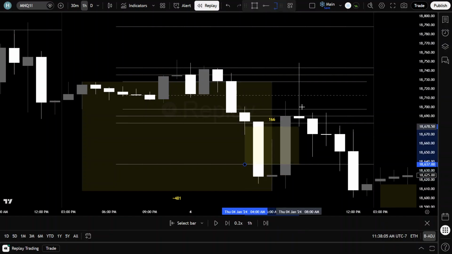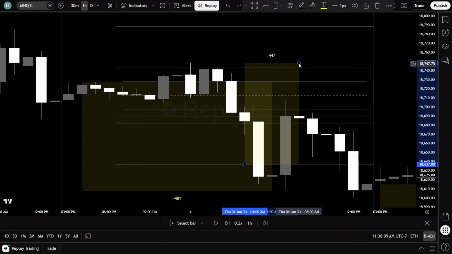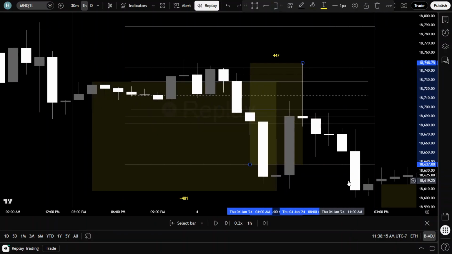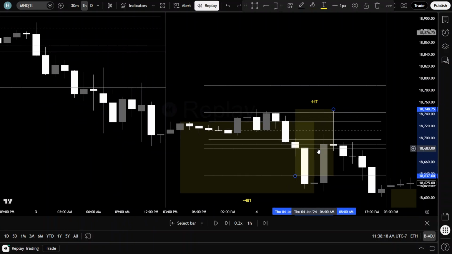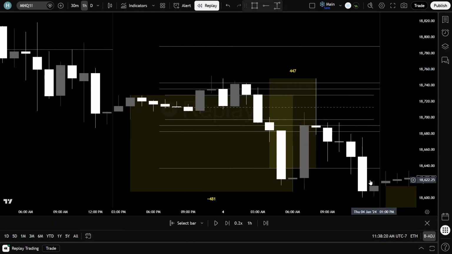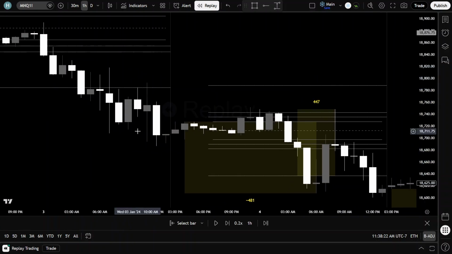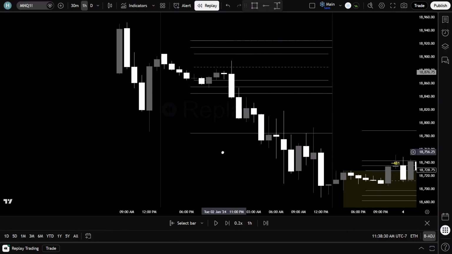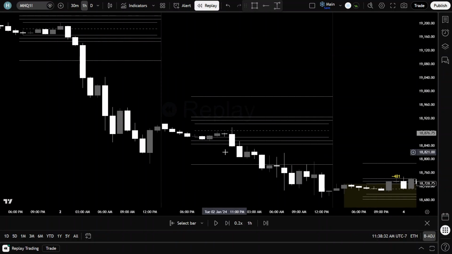Max drawdown 106 ticks and then ping pong back into those manipulation levels at the high of the 4-hour candle for another 2R. So yeah, there's 4R for the day. And maybe you could have sold that as well for another 2R, but usually I only play one raid. If it raids again, the edge goes lower.